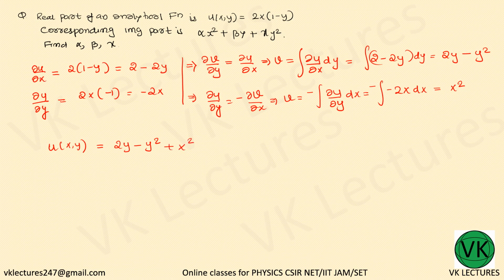Now we already have v of x comma y given in the question, which is equal to alpha times x squared plus beta times y plus gamma times y squared. So now what you have to do is compare the coefficients.